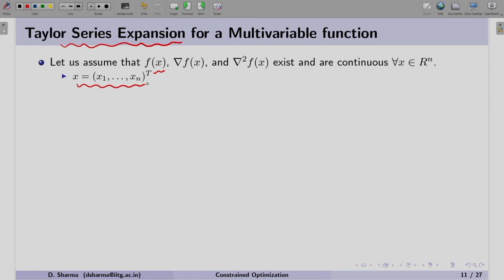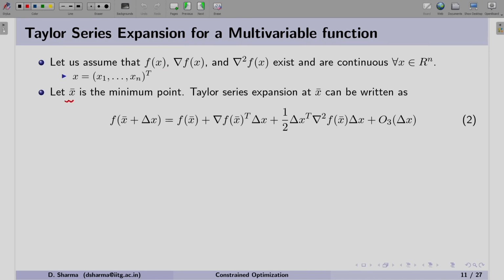Let us assume that the function and the gradient of the function exist and are continuous for all values of x belonging to the real space R^n. Let us assume that we have x bar, which is a minimum point.